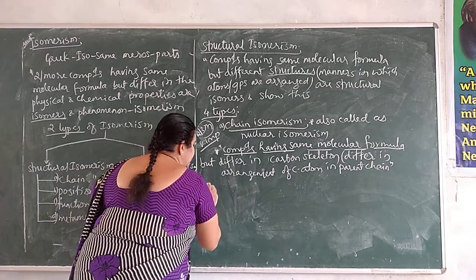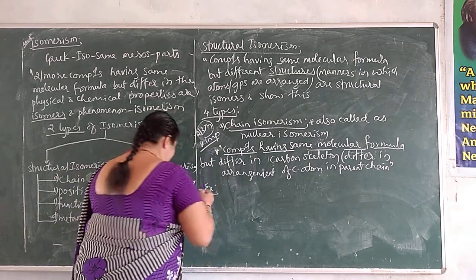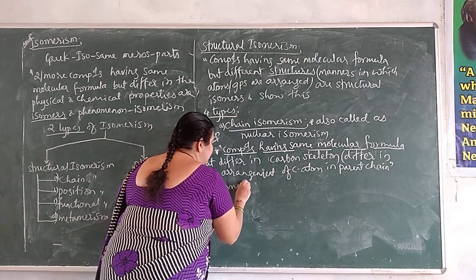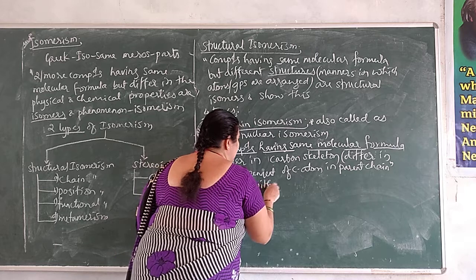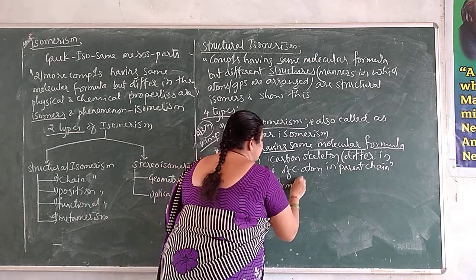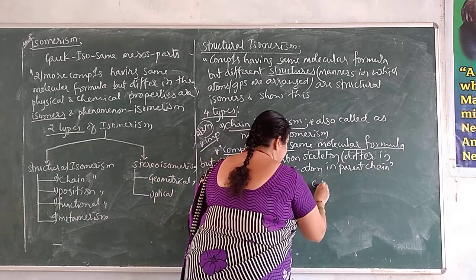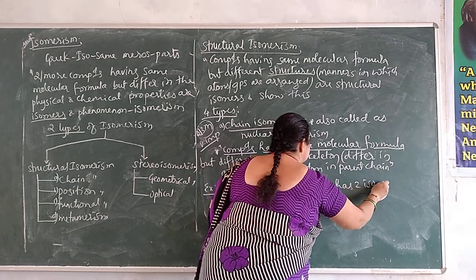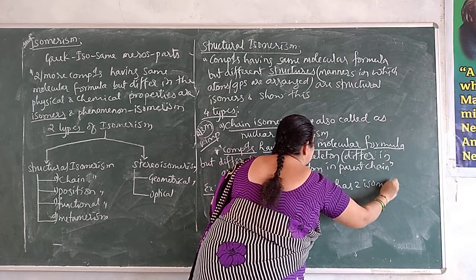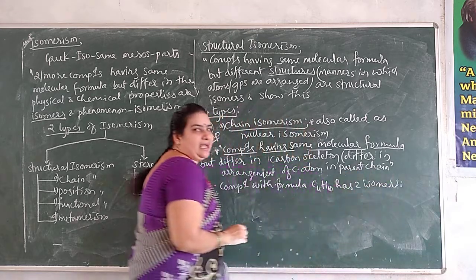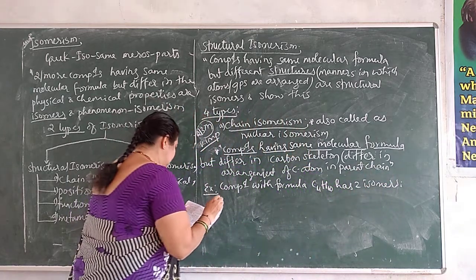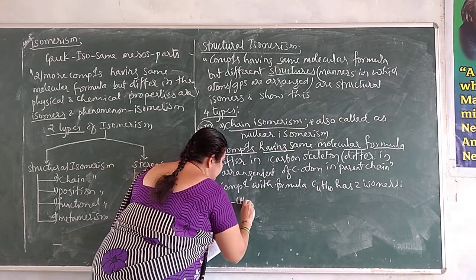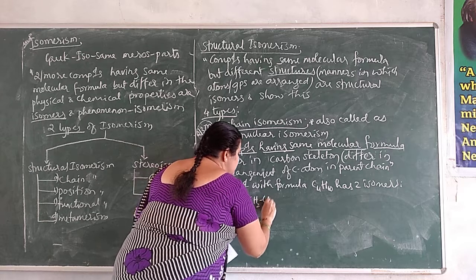Here I will be giving three to four examples. A compound with the formula C4H10 has 2 isomers. First one, CH3, CH2, CH2, CH3.